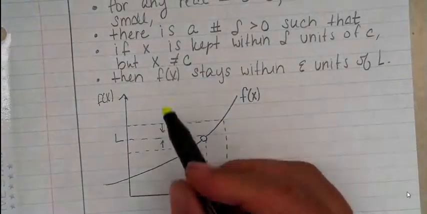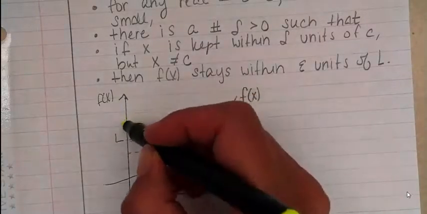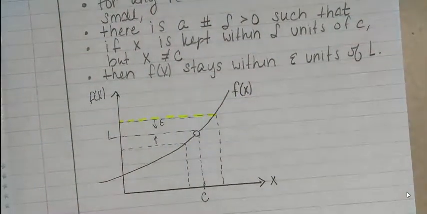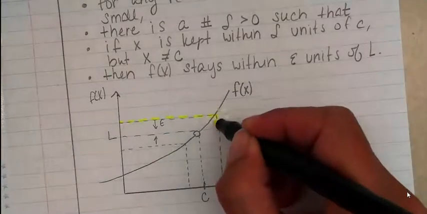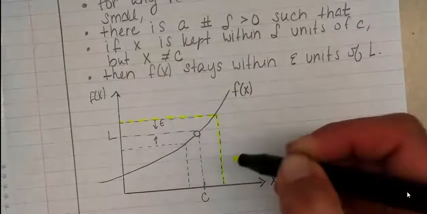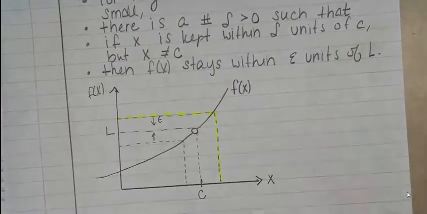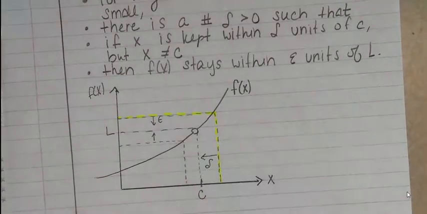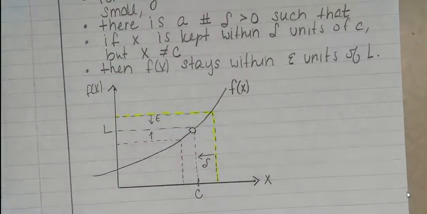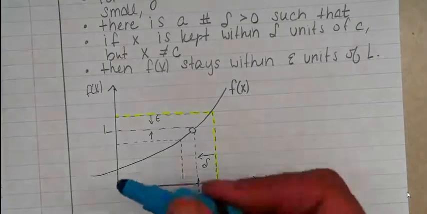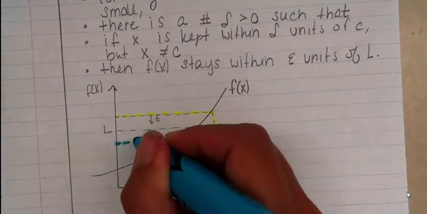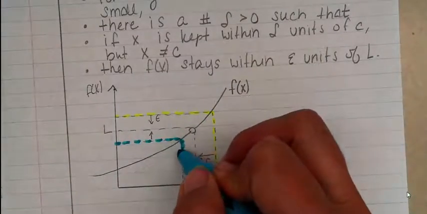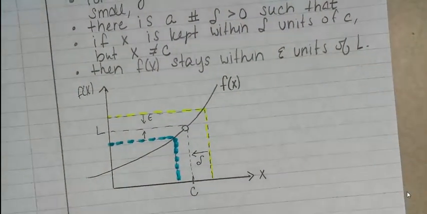If I'm epsilon units above my limit, then that means that I'm going to be delta units to the right of my c value. And if I'm epsilon units below my limit, then that might mean that I'm delta units to the left of c.